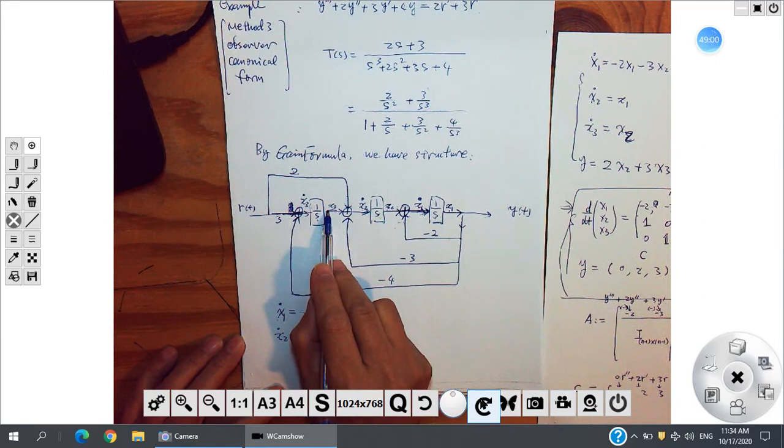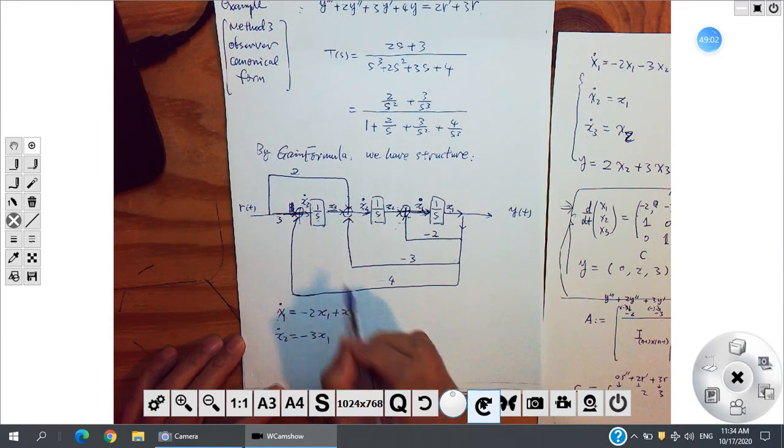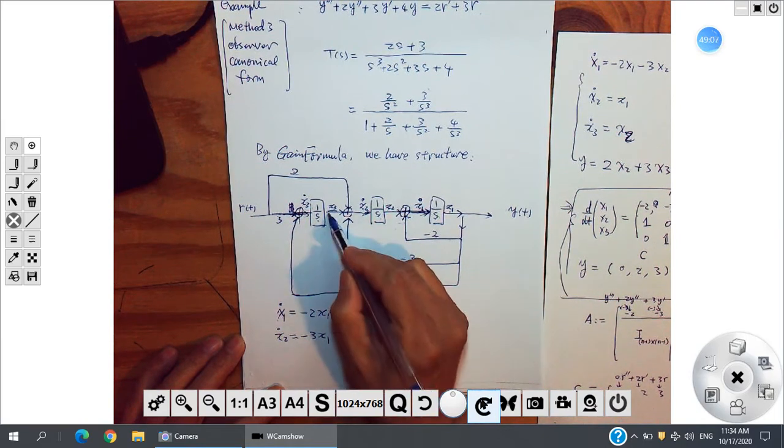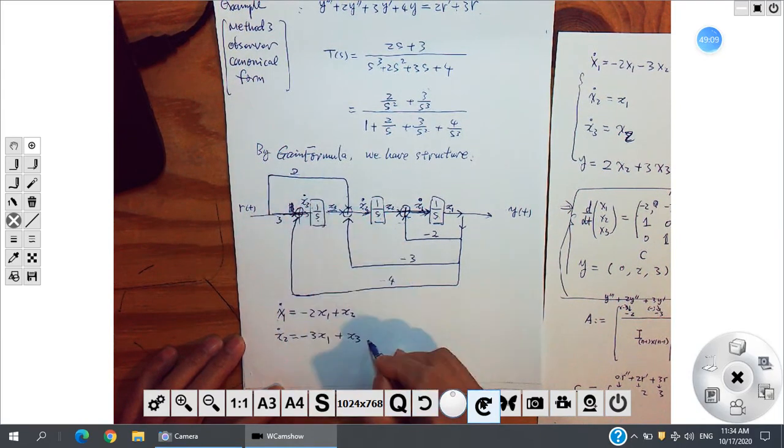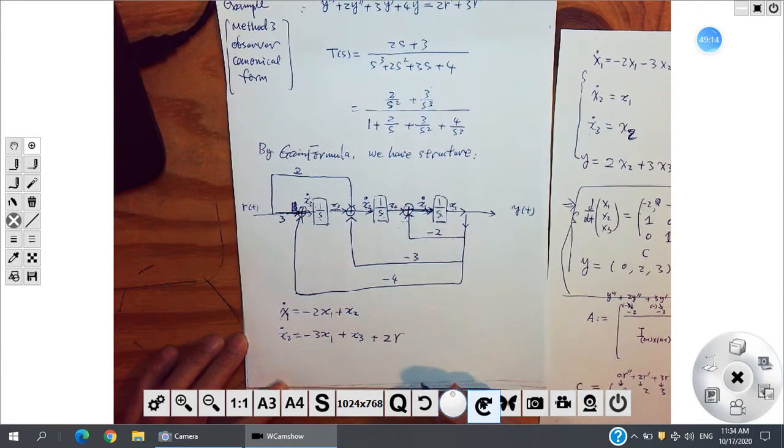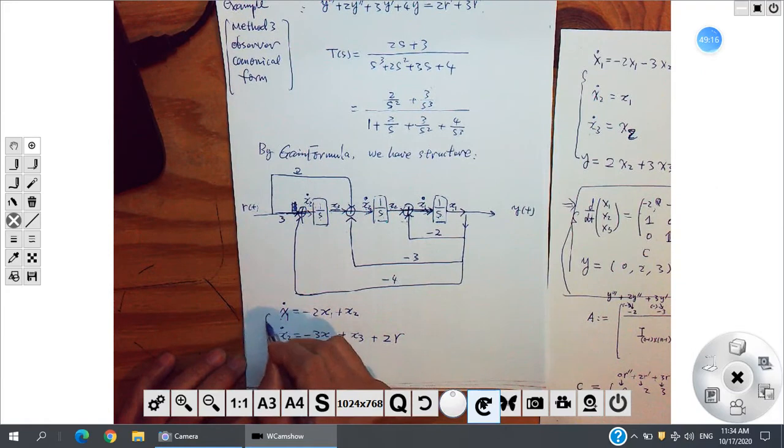Then x3, just plus x3, and the 2 of r. 2 of r. Alright, this is x2 dot.